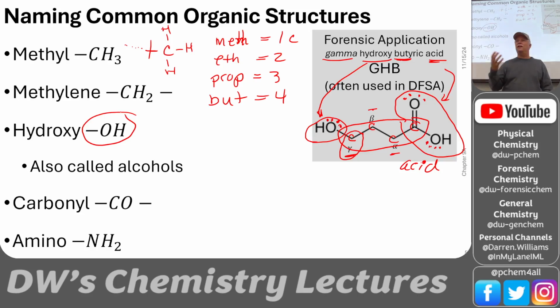And so it's really hard to detect GHB in the body after a day or two. I don't exactly know the timeline, but it comes out very quickly. So this is one of the ones that you want to be aware of. Don't let anybody ever mess with your drink, right? And always be with a friend so they can watch if you go to the restroom or something like that. But this is the molecule that you might hear about, GHB, gamma hydroxybutyric acid.